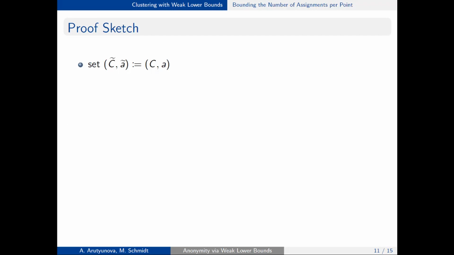We start by defining C tilde, A tilde to be the solution with weak lower bounds. We then fix an arbitrary processing order on the centers from C tilde. This will be essential to prevent multiple reassignments.